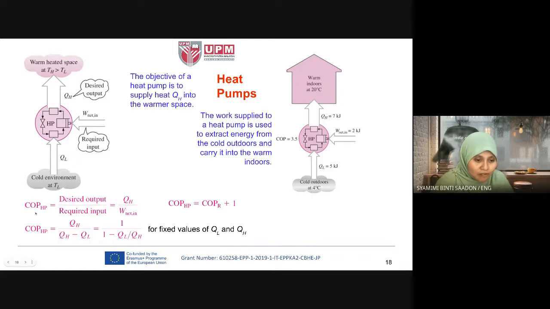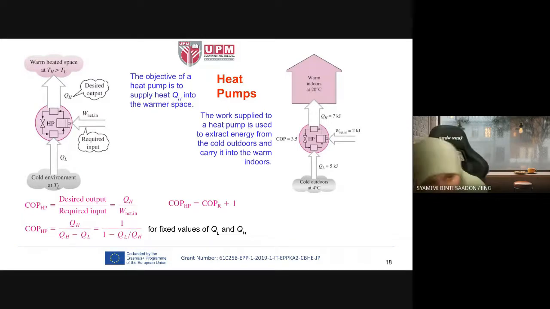So the coefficient of performance for a heat pump, HP. Again the same definition, desired output over required input, but this time our desired output is QH: how much heat we are going to supply to our house, that can be supplied by using the heat pump.